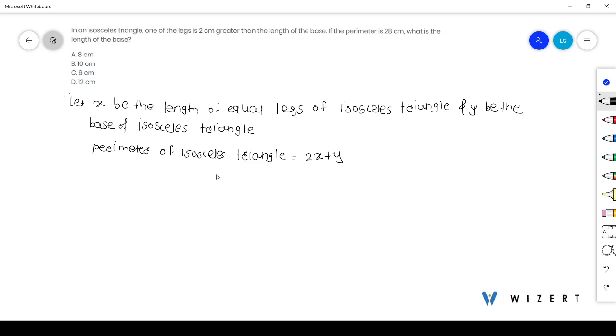Here we have given the perimeter is 28 cm, so 2x plus y equals to 28. It is from given.